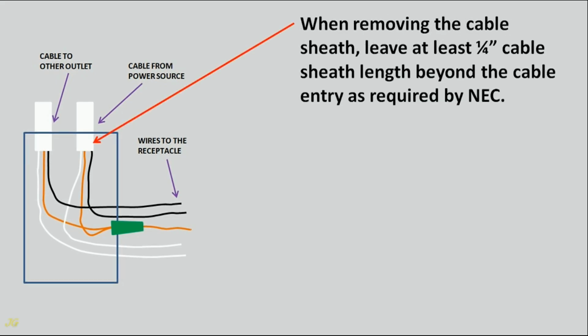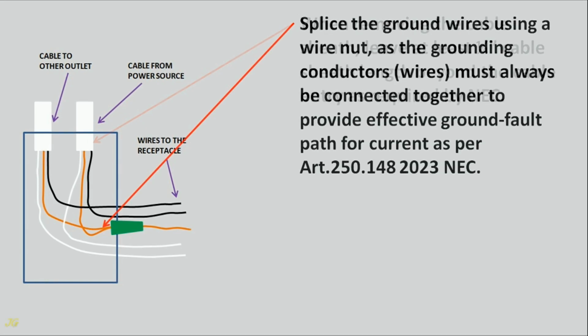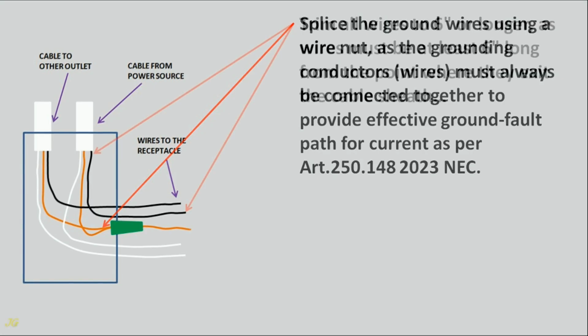When removing the cable sheath, leave at least 1/4 inch cable sheath length beyond the cable entry as required by NEC. Splice the ground wires using a wire nut, as the grounding conductors must always be connected together to provide an effective ground fault path for current as per Article 250.148 2023 NEC.